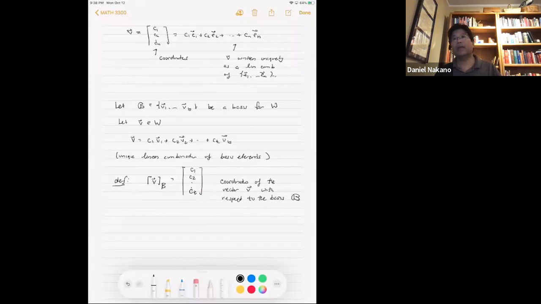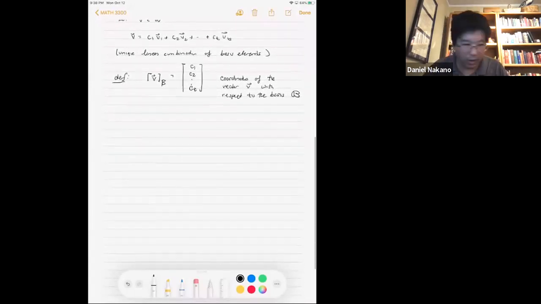If we take a vector, we write it as a linear combination of the basis elements, and then we just pull out the coefficients. That's all we're doing, and those are called the coordinates. All right, any questions on this? No? Okay, so let's do an example with numbers.